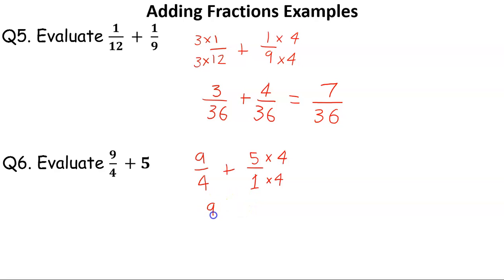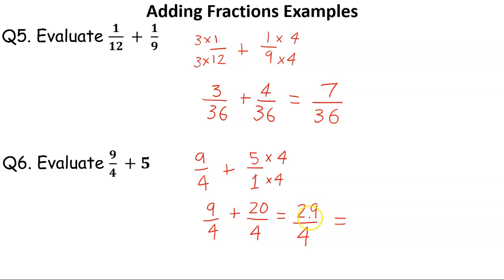So now I've got 9 over 4 plus 20 over 4. Straight away I can enter my denominator for my answer. 20 plus 9 is going to give me 29. Now I can simplify this a little bit further as a mixed number. 29 doesn't divide into 4, but if I know my 4 times tables, I know that 7 times 4 is 28.